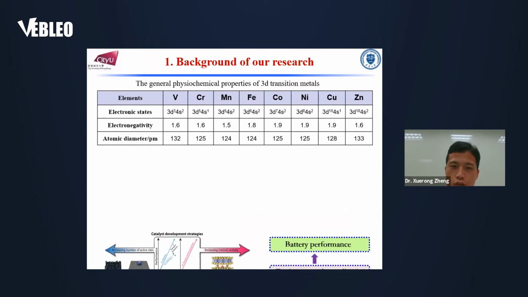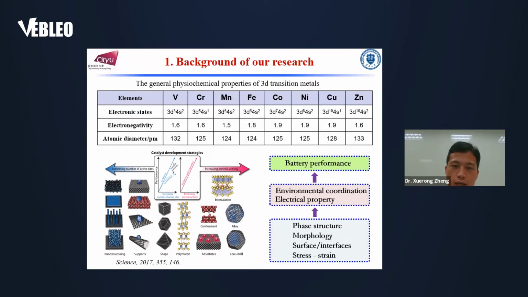And we also can tune the morphology and the phase structure and the stress and strain properties of the materials to tune the local environmental and electrical properties of transition metals. And then we can tune or enhance the battery performance. Therefore, it is important to explain the energy storage mechanism of transition metal in these materials.